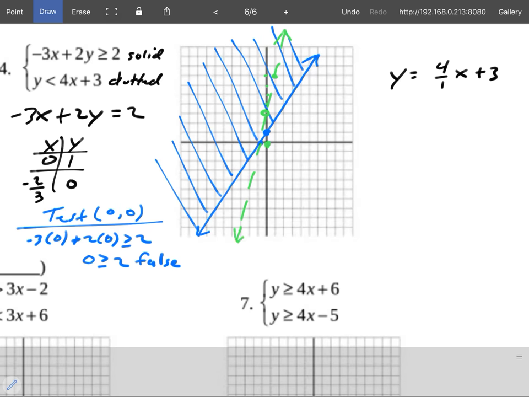Again, I'm going to test 0, 0 in that bottom inequality, the second one. So I'm going to plug 0, 0 in right here for x and right here for y. So I'm testing 0, 0.